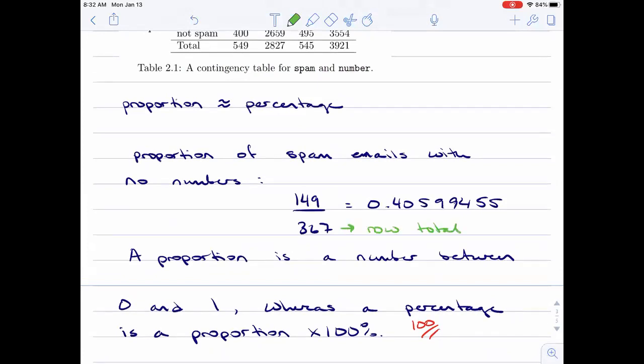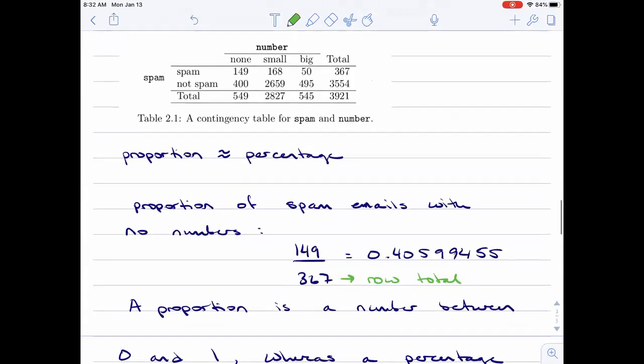The total number of spam emails, which makes our proportion a row proportion. So that's something you'll want to keep in mind, right? Whatever value you divide by, that's the group that you're talking about overall.